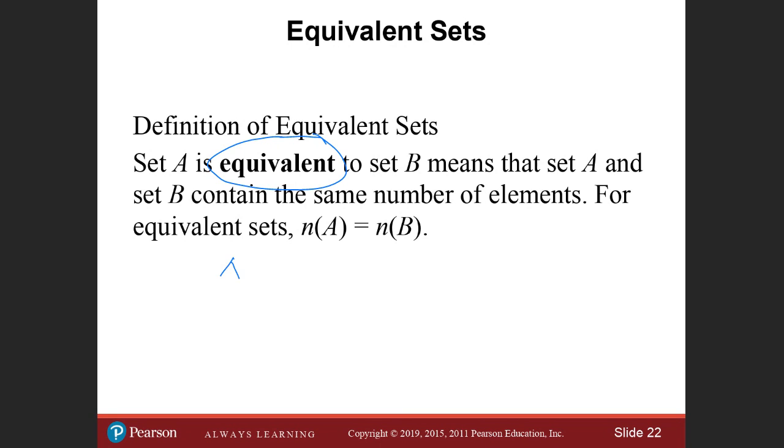So it's like if I have set A here, 1, 2, 3, and then set B, it's A, B, C.